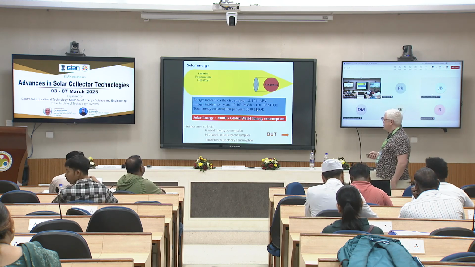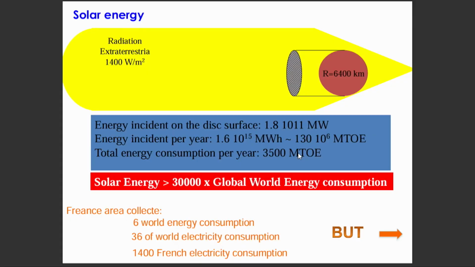So, as usual, there is plenty of solar energy, but we don't get so much benefit from it. So we have to make some effort to collect and use it as much as possible.